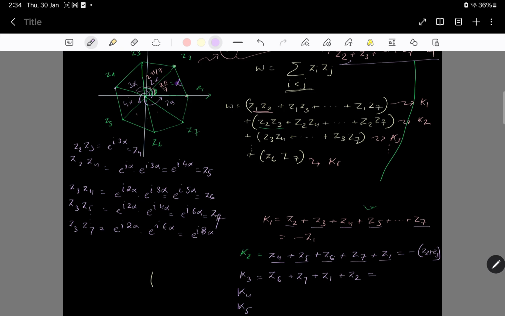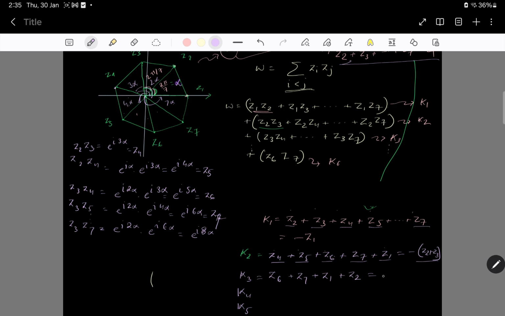Okay. So observe that in every step one term is missing. If you look at k1, it has 1 2 3 4 5 6 terms, then k2 has 1 2 3 4 5 terms, and then 1 2 3 4 terms. So the fewer the terms, the more terms there are on the right side.